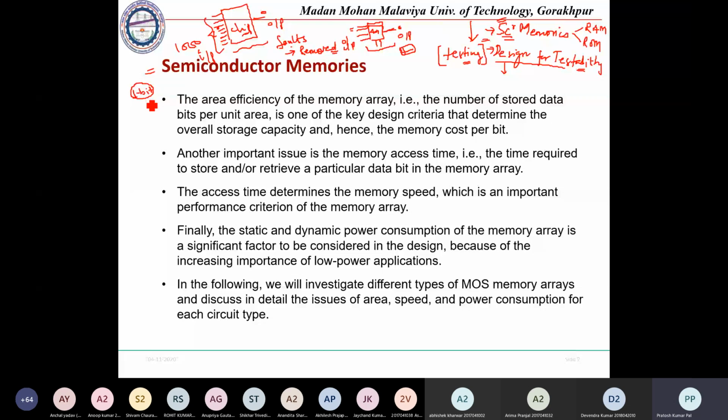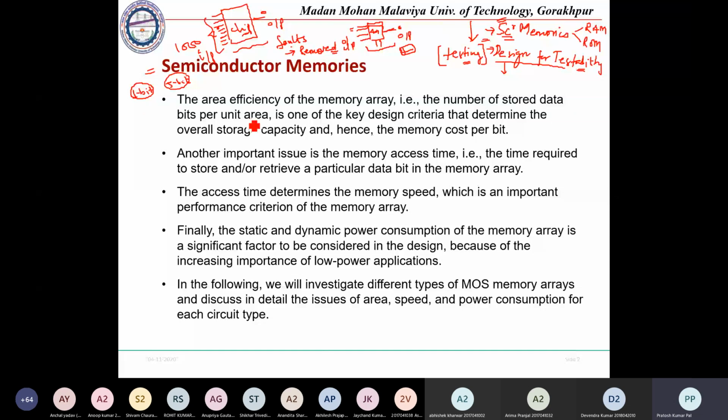So whatever circuit is there to store 1 bit of data, suppose we need to store 5 bit data, then what we will be doing, we will combine the 1 bit storing circuit 5 times to store 5 bit data. Okay, so to have a larger memory capacity, we will be combining each 1 bit system to make it a larger bit system.